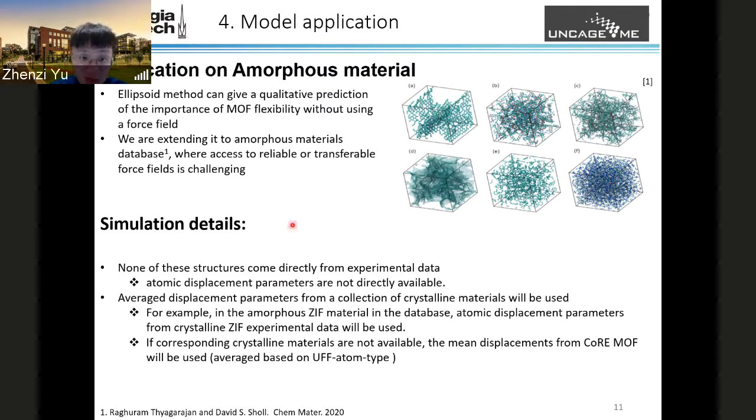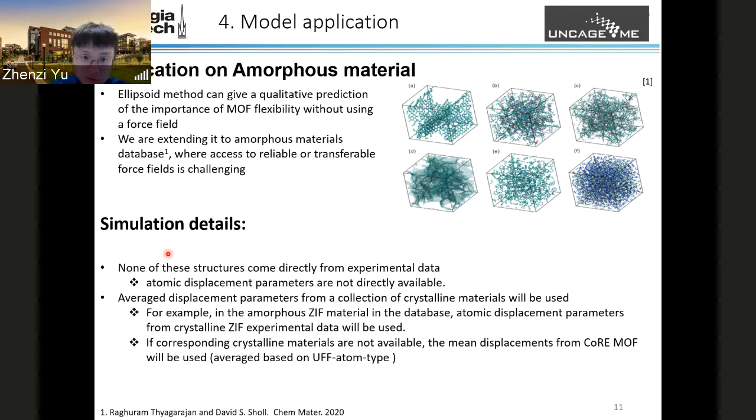One simulation detail to note is that because none of the structures come directly from experimental data, the atomic displacement parameters are not directly available, and we tackle this problem with two approaches.